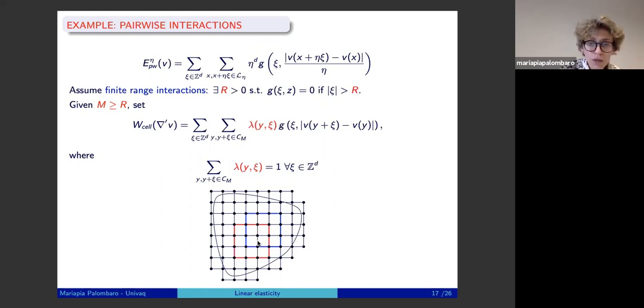This is because if I consider this interaction, it will be counted several times: once in the red square, and then it will appear again when I compute the interactions within the blue cell. The same interaction is contained in several cells, so in order not to count it too many times, we introduce these weights. By suitably defining these weights, one can rewrite every pairwise energy with finite range interactions as a cell energy.